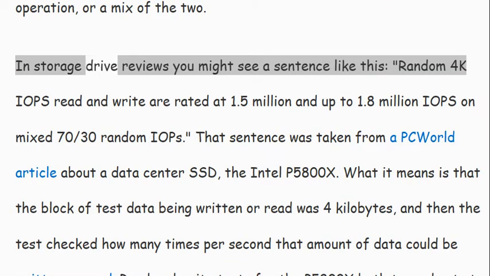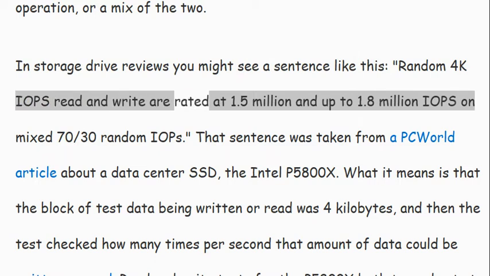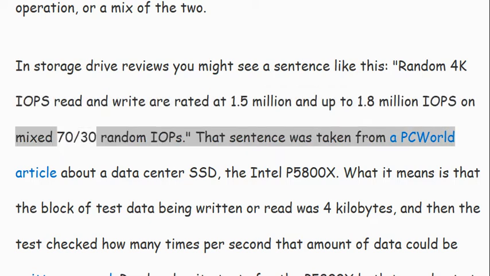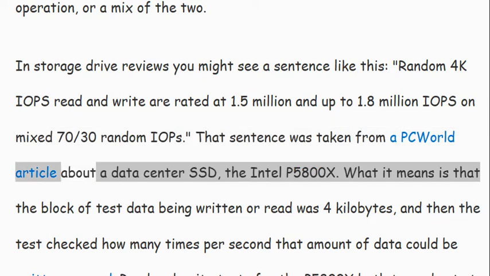In storage drive reviews, you might see a sentence like this: random 4K IOPs read and write are rated at 1.5 million and up to 1.8 million IOPs on mixed 70/30 random IOPs. That sentence was taken from a PC World article about a data center SSD, the Intel P5800X.